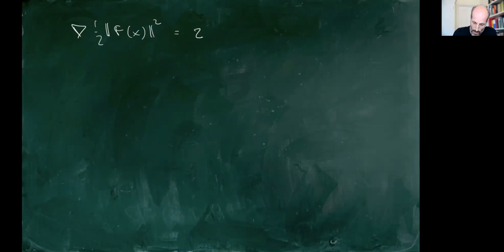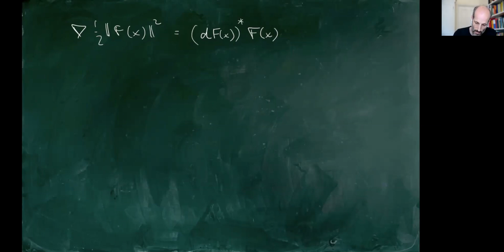There's a factor 2, and that 2 gets cancelled out with the 1/2. And then what you get is F of x acted upon by the adjoint of the differential of F of x.